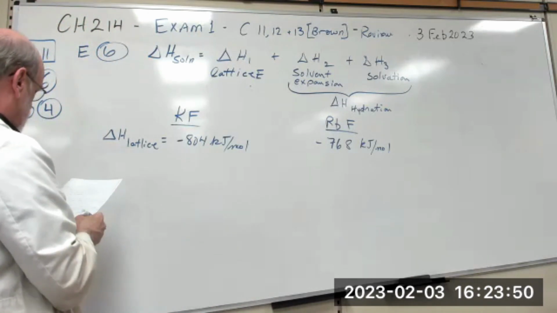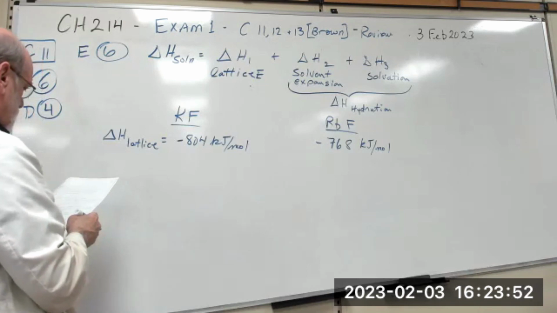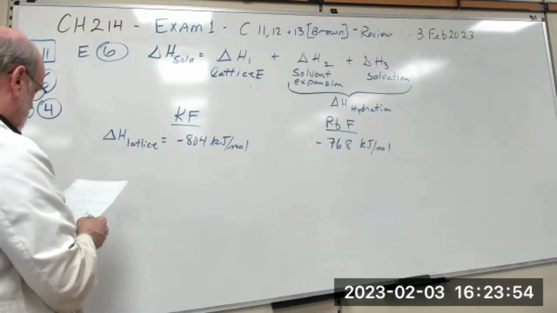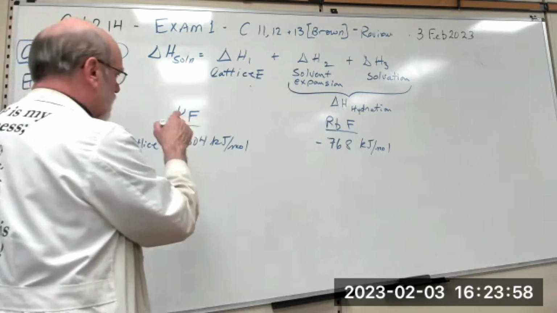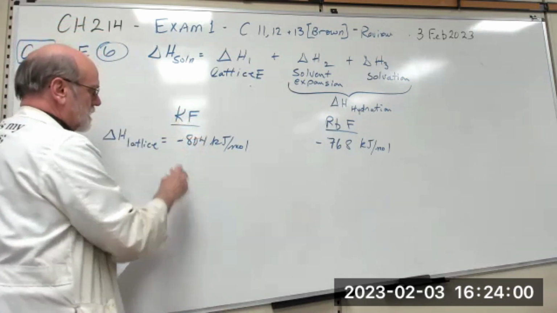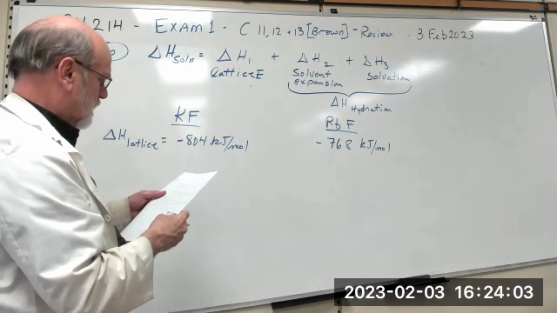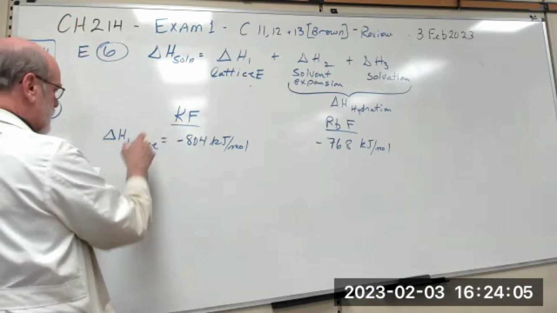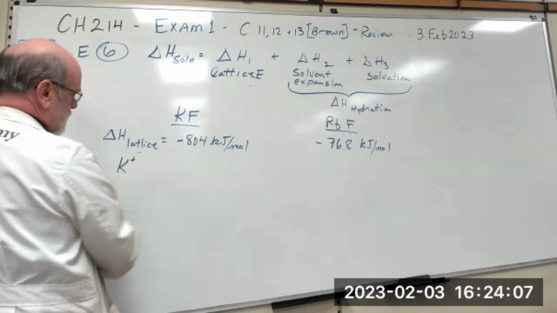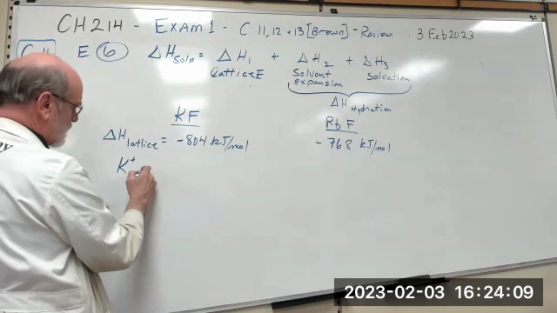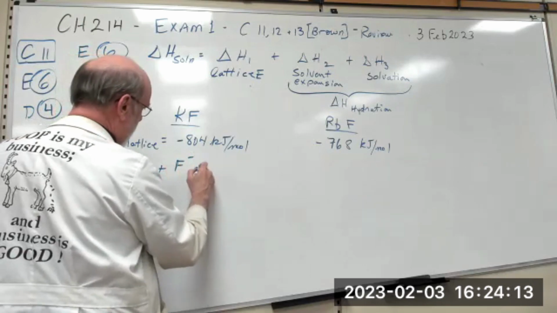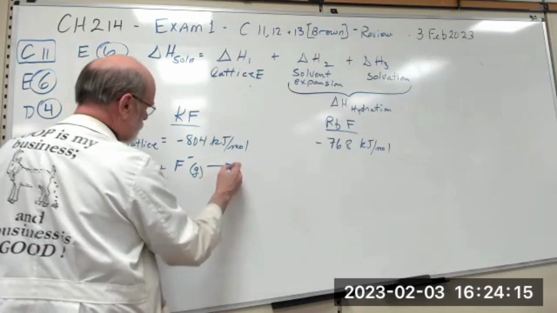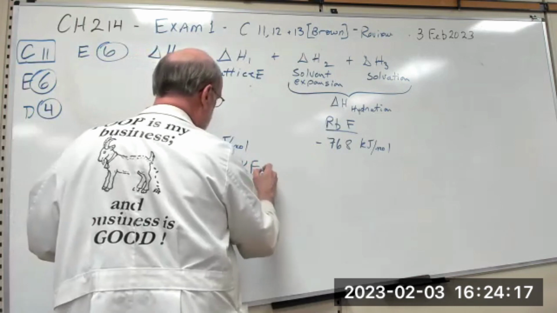Okay, the lattice energy, I'll just put one of them up here. The lattice energy in this case is, remember, the K ions as a gas plus the fluoride ions as a gas yields the solid.